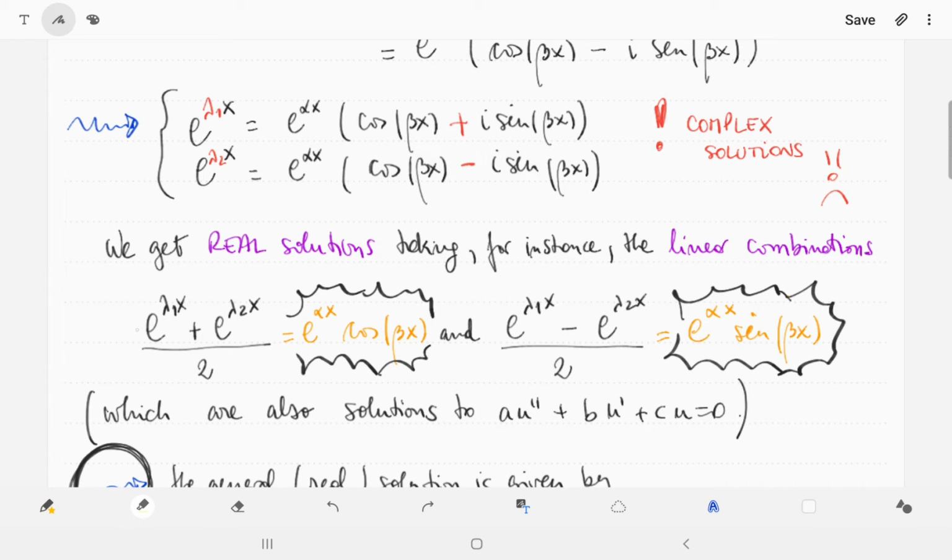For instance, if we choose one half as constant, and then one half, minus one half, and we take those two linear combinations, we get these two real solutions. You can do the calculation. So finally, the two real solutions are e^(alpha x) cosine beta x and e^(alpha x) sine beta x.